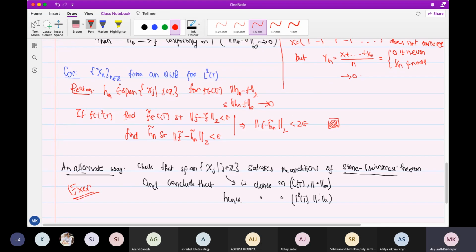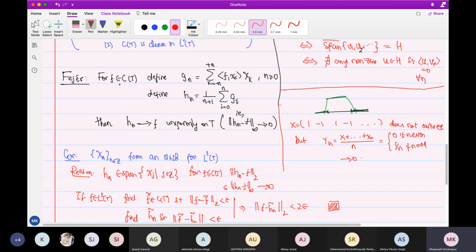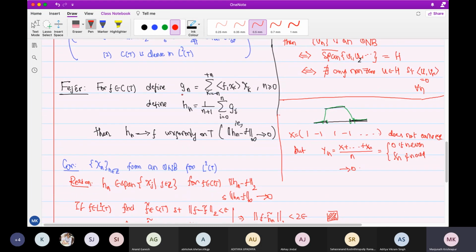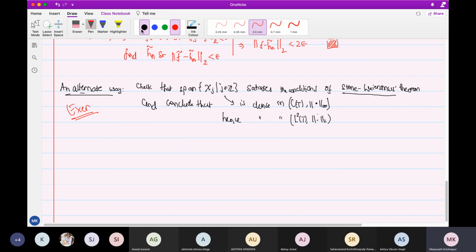Okay, any questions, comments? Okay, if not, let's see what Gn and Fn are. Okay, so now let's come to the proof of this. Towards the proof, I probably won't finish the proof.